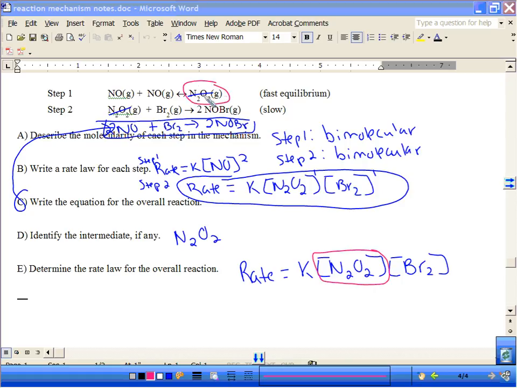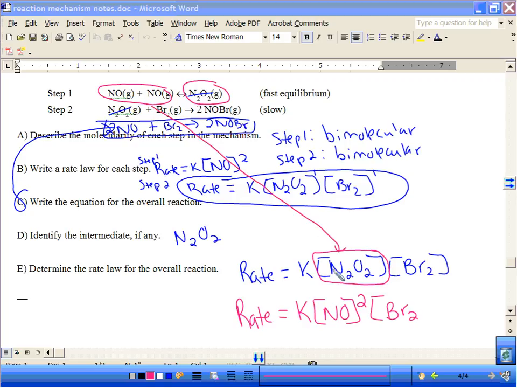And what you're going to do is substitute the reactants that made it. So the pink is the right answer here: rate equals K. Rather than write that intermediate, I'm going to substitute the 2 things that made it, which was an NO times an NO, and an NO times an NO makes an NO squared. And then I'm going to put Br2. So again, I substituted the 2 things that made it for it, and that's how this came about. And this is my answer here.